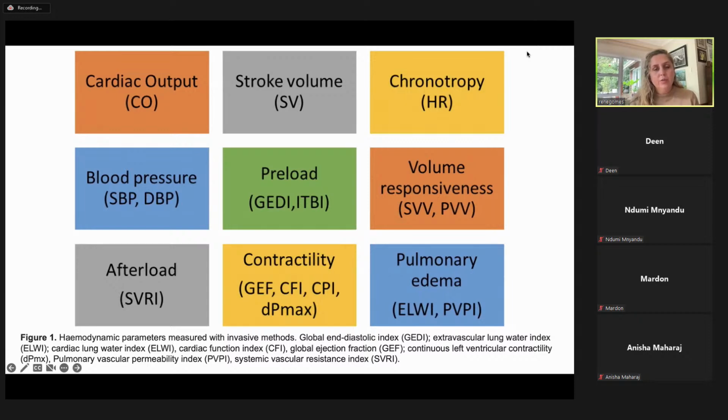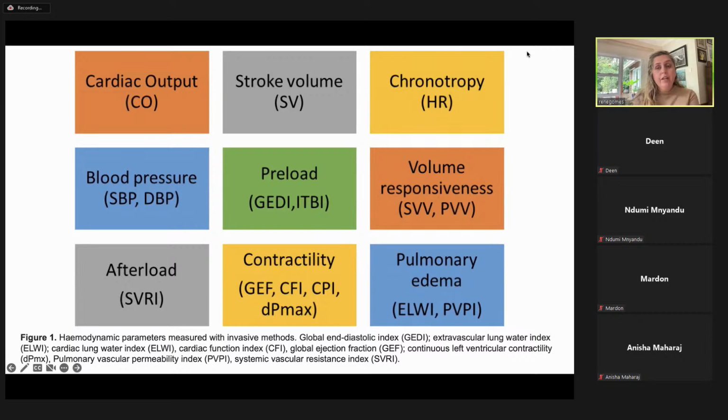Obviously, if we talk about cardiac output, we're looking at the CO value and even better, the cardiac index. Stroke volume, we've got SV. Chronotropy is that fancy word for how fast the heart is beating, so we're looking at the heart rate. Blood pressure, typically we look at SBP, DBP, systolic blood pressure, diastolic blood pressure, and of course our MAP, mean arterial pressure.